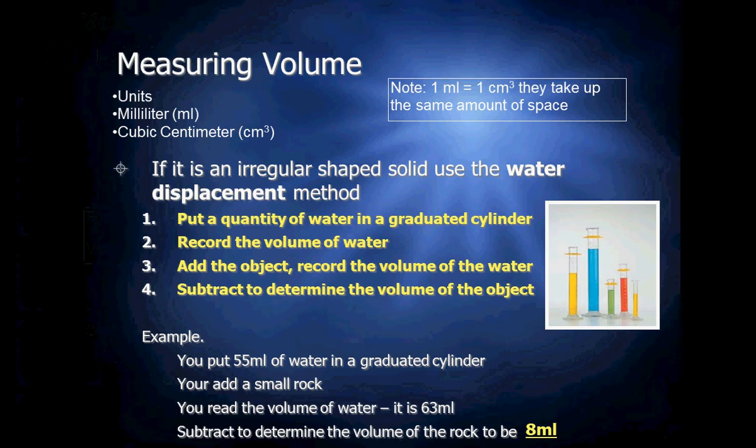Oops, lost a little bit. But anyway, if I capture all that water, now the volume of water in here is equal to the volume of that shape I put in there. Okay, so it's about 62 milliliters. So that's another way we can do that.